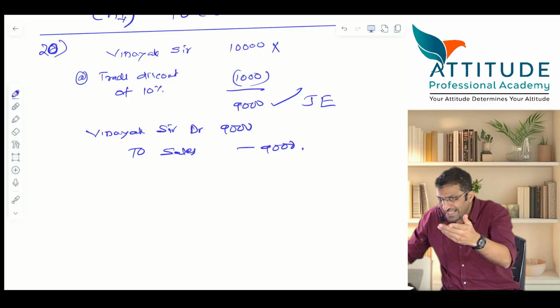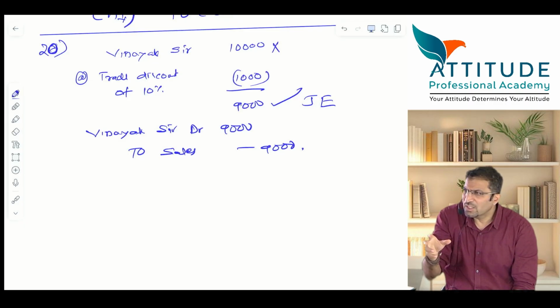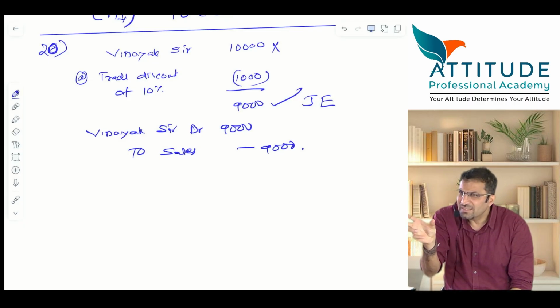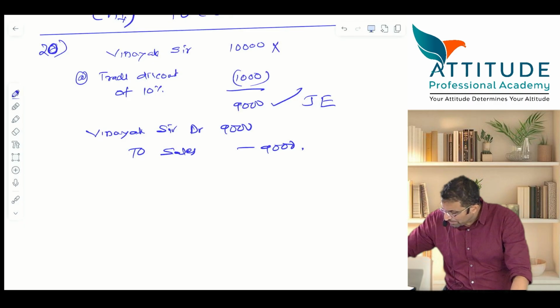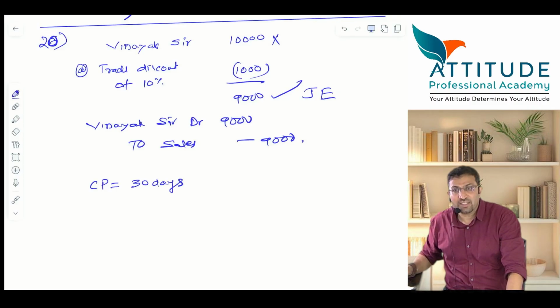Now, look at the story. When you sell the goods to me on credit, will you give me a credit period? Arey bolo bhai. Now, you're telling me, Mr. Vinayak, credit period is 30 days. How many days? But you put a condition.